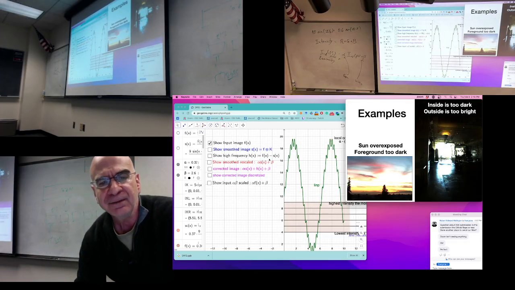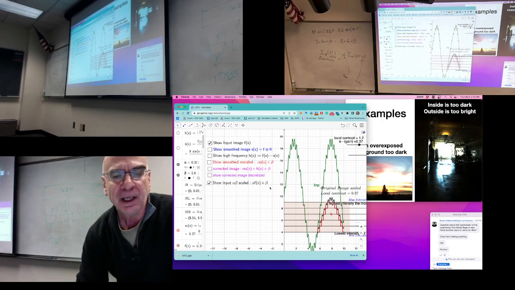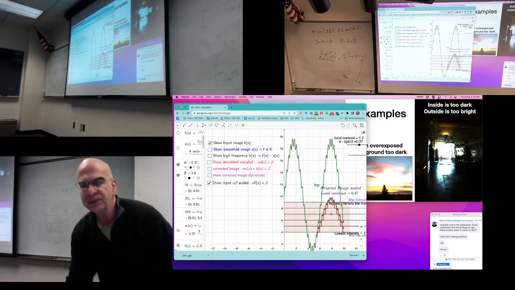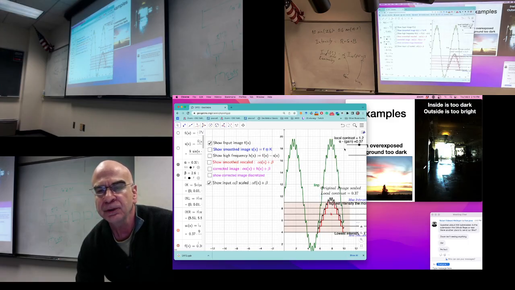OK, so let's see first, before we move into a smarter algorithm, what happens to this graph if I just try to change the graph on the right. This graph over here. What did I do? I looked at the output signal.